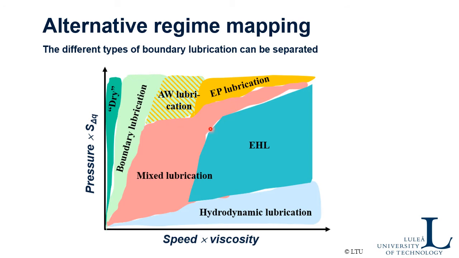While if you run at higher speed and come into the boundary lubrication, you may come into a situation where you need an EP lubrication, where scuffing or seizure may be a problem. This is not a perfect mapping at all, but it still gives you an idea about the difference between mild boundary lubrication, a regime where you need anti-wear additives, and the regime where you need some protection for severe adhesive wear.